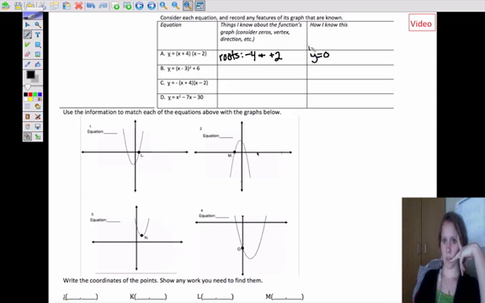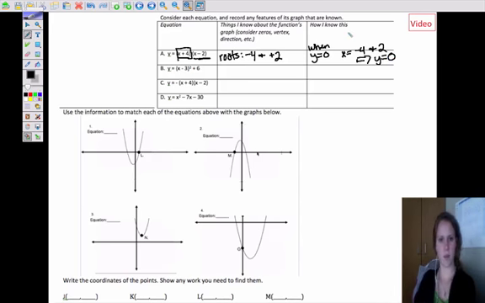When y equals 0, then either this has to be 0, or this has to be 0, because of the zero product property. So -4 makes this 0, and 2 makes this 0. So x values of -4 and +2 create a y value of 0. You can write that out if you'd like. Otherwise, if you understand that, that's good.